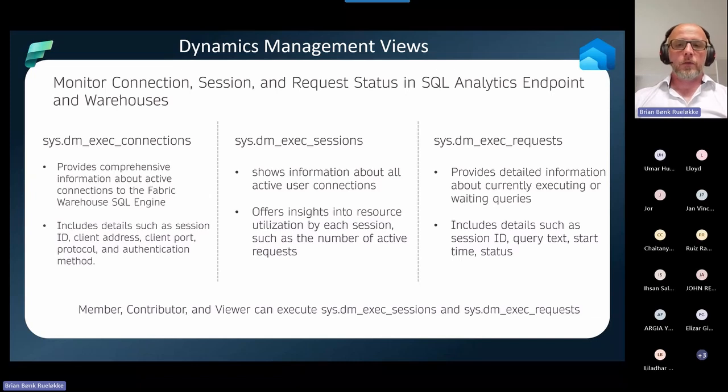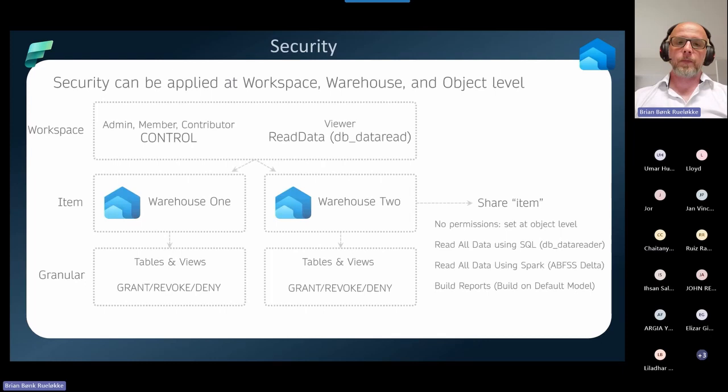These 3 dynamic management views should be a standardized access for everyone working with Fabric and trying to handle the maintenance and the governance and all that stuff around the warehouse service. In order to access these, you need either member, contributor, or viewer access to the Fabric workspace. So readers cannot see these dynamic management views.